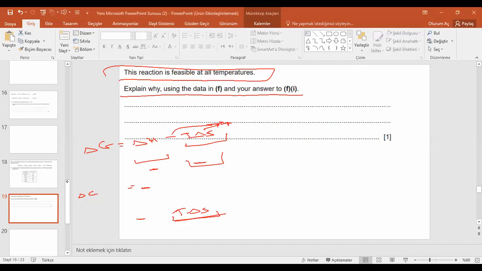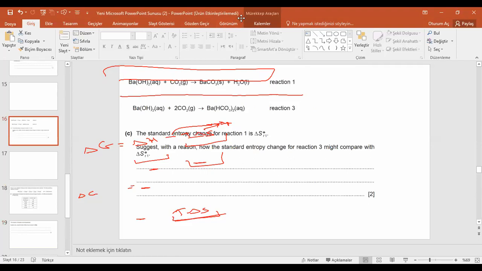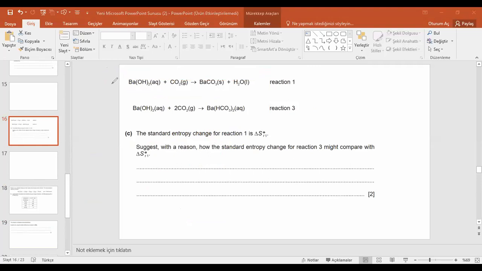Okay, guys, so let's move to the next question. Let's have a look. In this question, we have two reactions. This is reaction 1 and this is reaction 2.